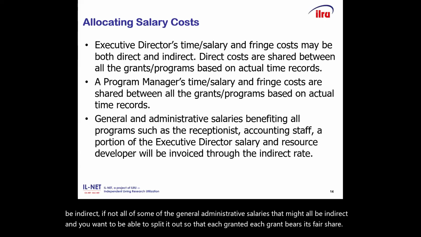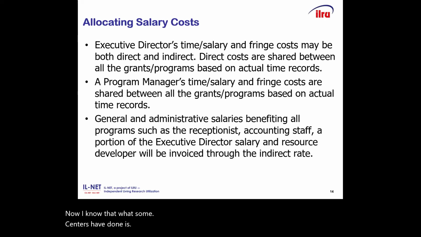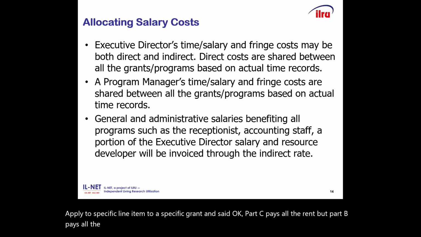Now, I know that what some centers have done is applied a specific line item to a specific grant and said, okay, Part C pays all the rent, but Part B pays all the utilities. Well, that's not really what they're looking to find.